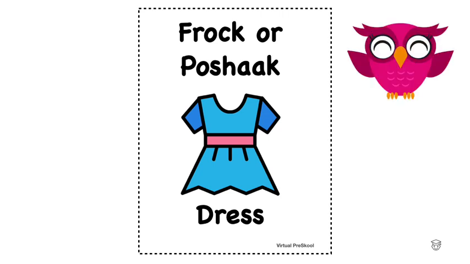So this is kind of a gray area with obvious ullu, but because we mostly see girls wearing dresses, a good guess is that a dress is a stri word. So frock or poshak, these are both words we use to say a dress in Hindi, and they are stri words.